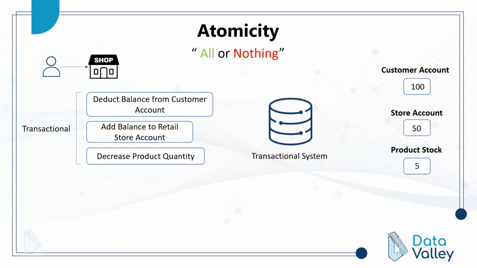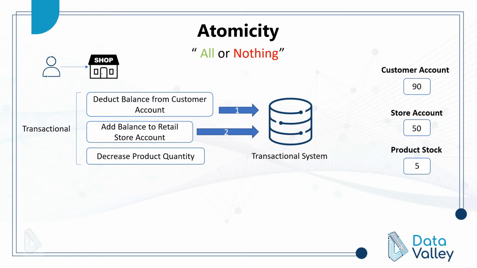And we have a transactional system, and its current state is: customer account has 100 units, store account has 50 units, and product stock has 5 units. So we will apply the transaction step by step on our database. First step, deduct balance from customer account, so instead of 100, it will be 90.